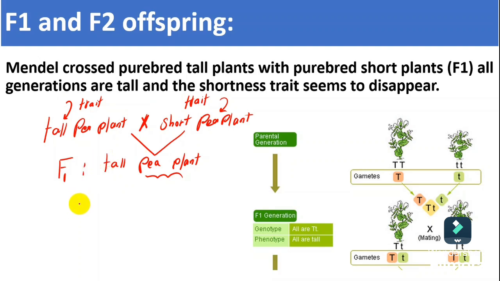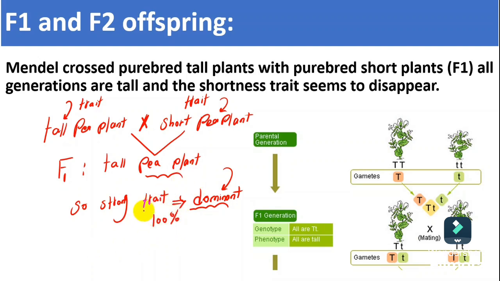The trait which is so strong will appear in the first generation by 100%. The other name of the strong trait is the dominant trait. So dominant is the trait that hides or masks the other trait, the trait which is so strong that it appears in the first generation by 100%.